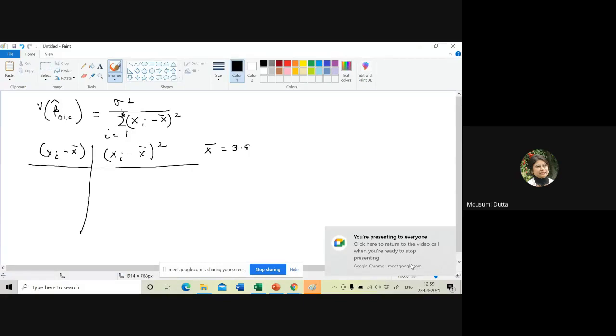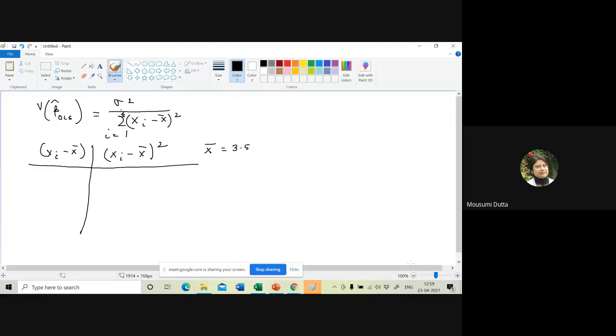First tell me the values of xi minus x bar whole square. 6.25, 2.25, sorry 0.25. After that, the total comes to 17.5.